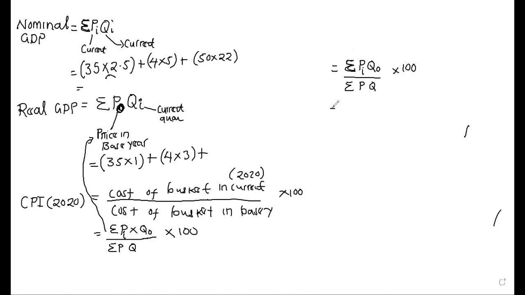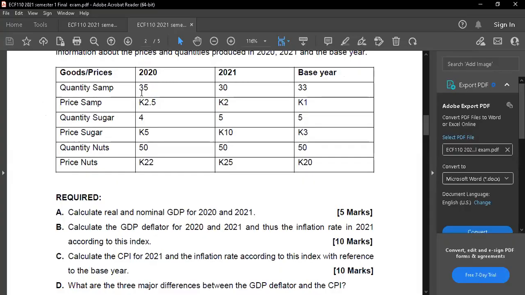So now let's get the cost of the basket in 2020. We're calculating for 2020, right? If you look from here, we have SAMP. So for SAMP, we get the price. The price is 2.5. So I write 2.5.